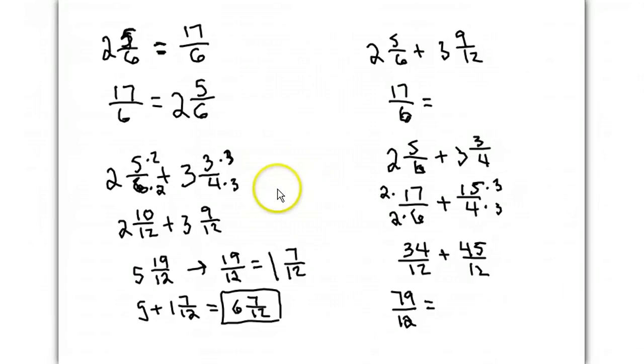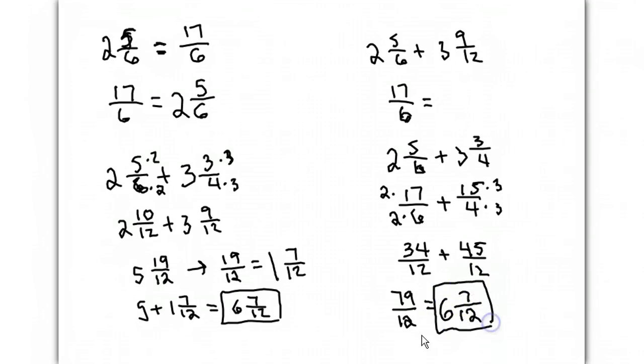So we have 79 over 12. How many times will 12 go into 79? It will go in 6 times because 6 times 12 is 72. The denominator will always be the same. And what do you have to add to 72 to get 79? That's a 7. So we're at the same point again where we have 6 and 7/12.